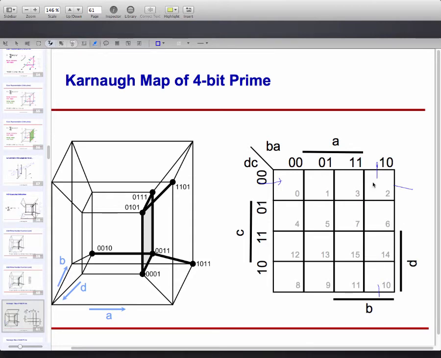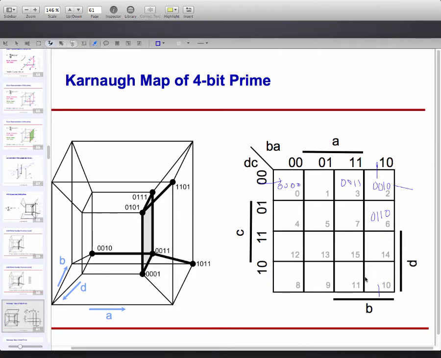So my neighbors, so this one is 0, 0, 1, 0. This one is 0, 1, 1, 0, which is a neighbor because it changes only in one value. This one is 0, 0, 1, 1, which is also a neighbor. This guy is 0, 0, 0, 0, and that is a neighbor because it changes only in one value.